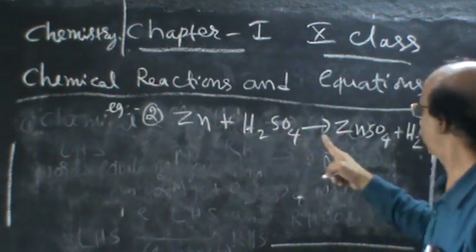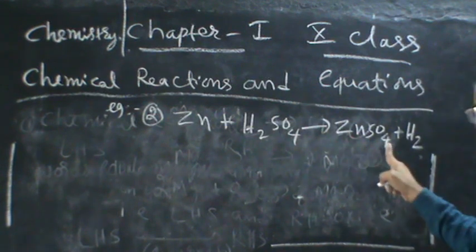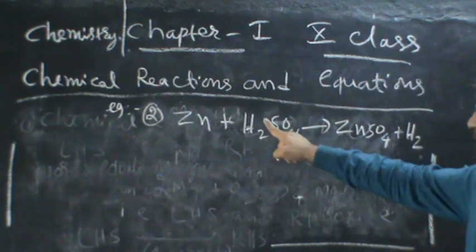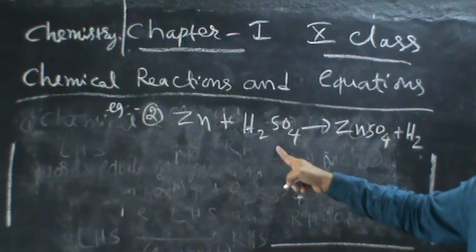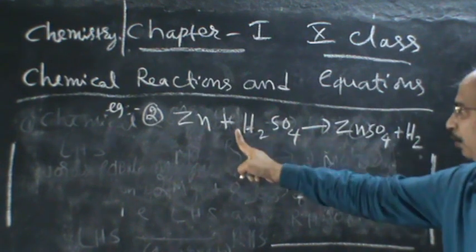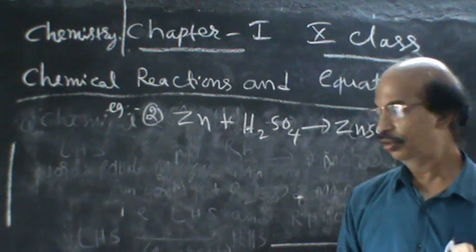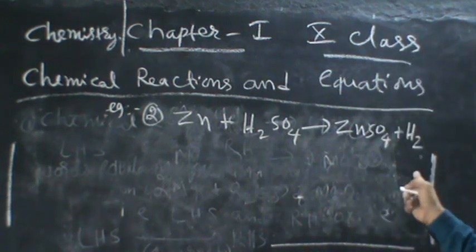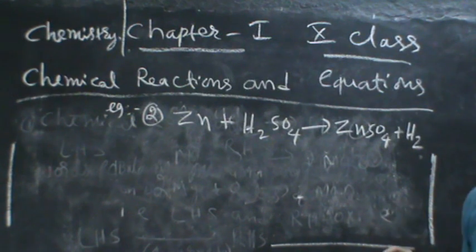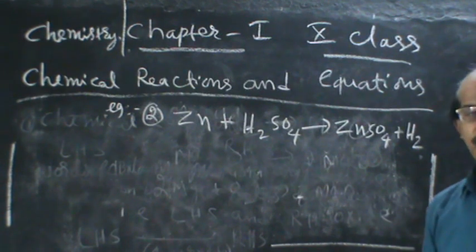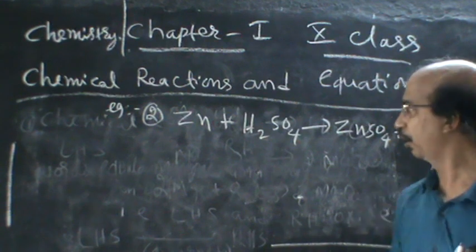Oxygen 1 into 4, 4. Here 1 into 4, 4. Don't break that. Here only the number is there. If there is no number, think that always 1 is there. So if you want, you can check it finally also. Final checking is compulsory, even after getting the answer.